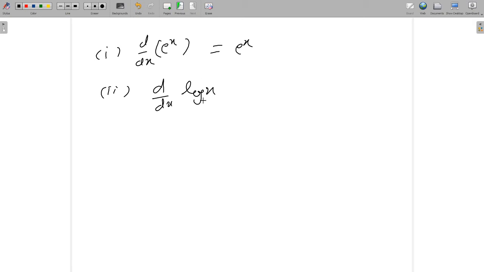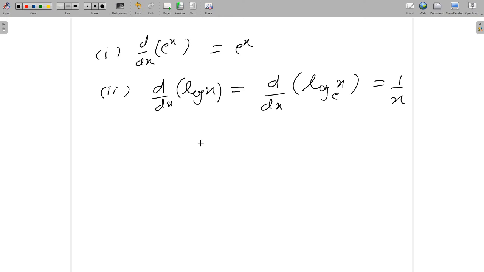Unless mentioned otherwise, the base is to be taken as e. In fact, the differentiation of log x is the same as d by dx of log x with base e. Every time we are not going to write the base e, that is to be understood. So this is equal to 1 by x.